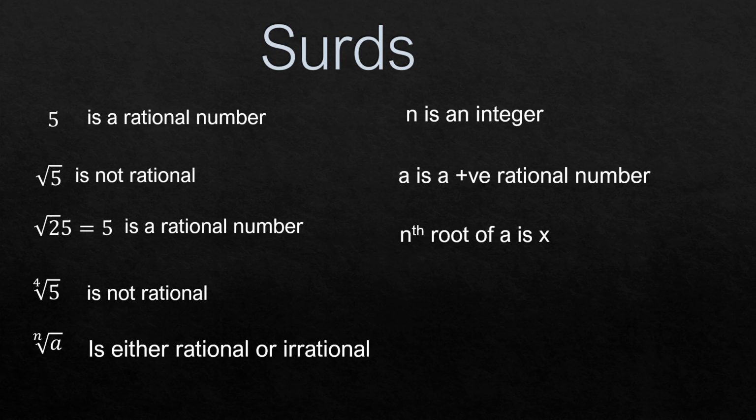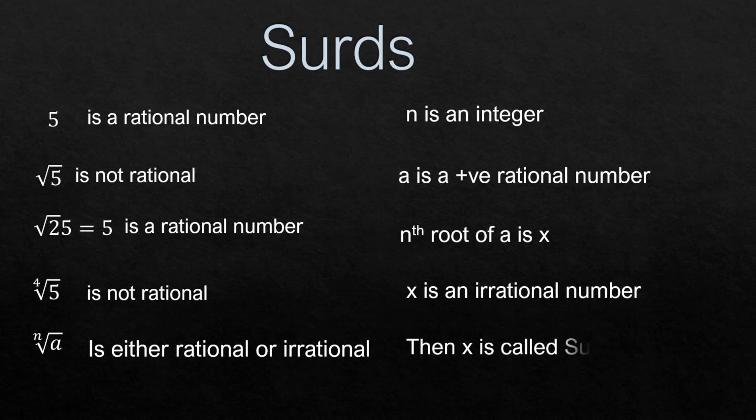So nth root of a is equal to x. This is the concept of it. And if after taking the nth root of a we get an irrational number, we call this a surd. The nth root of a is a surd because x is an irrational number. x will be the value of the nth root of a, correct?